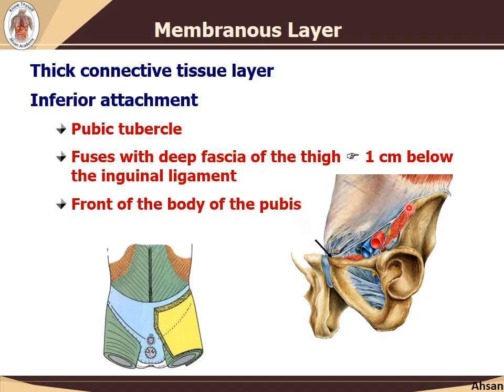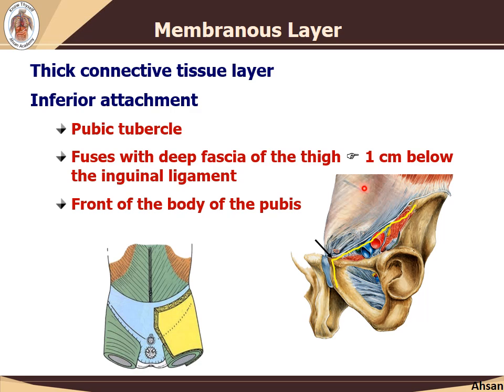From here is the inguinal ligament, and 1 centimeter below it is fused with the deep fascia. You can see this yellow line showing this. This is the pubic bone, part of the hip bone, which has three parts: ilium, ischium, and pubis. So the body of the pubic bone gives attachment, and you can see the membranous layer is fused here.